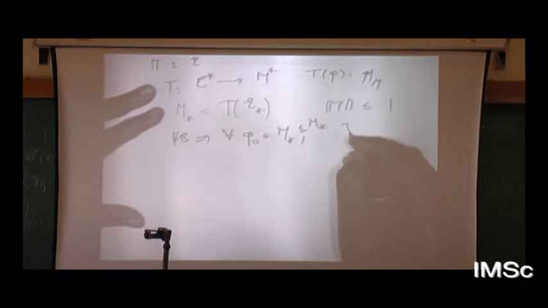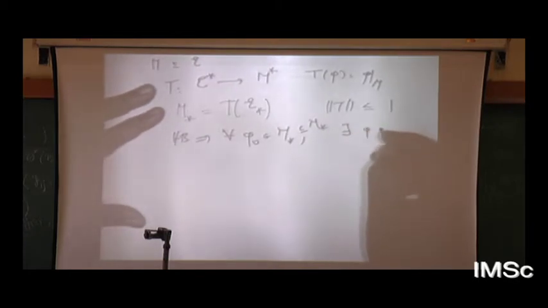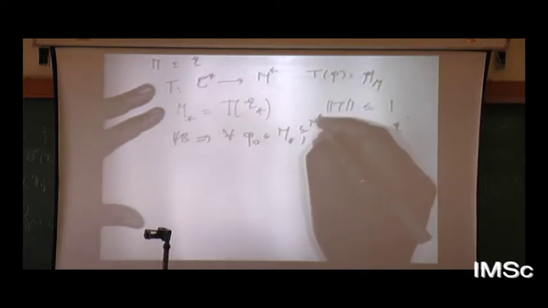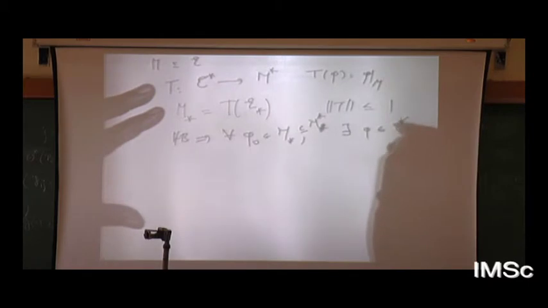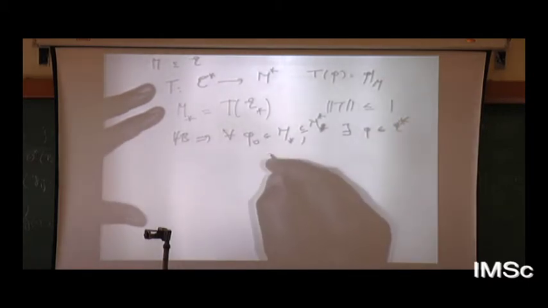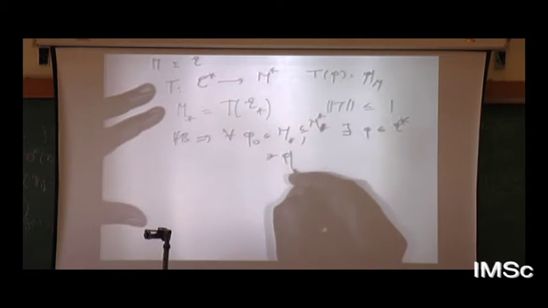There exists a phi in E upper star, so that phi restricted to M equals phi naught.